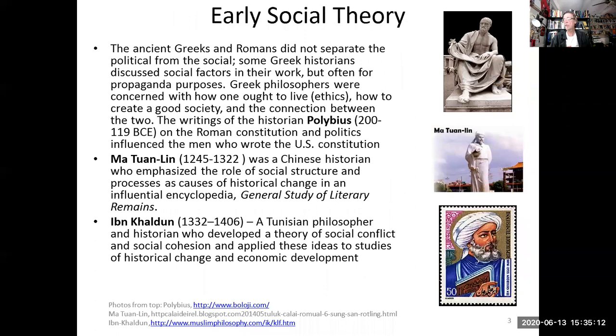Now, social theory, and you will notice this as I go through, has a Eurocentric bias. These tend to be European white males that I'm talking about. But there were others who treated social issues that were not European white males.